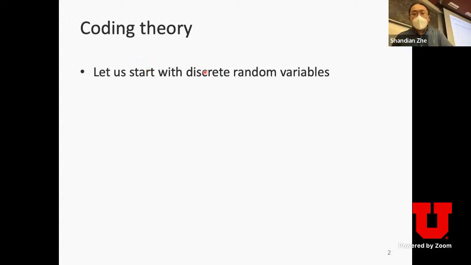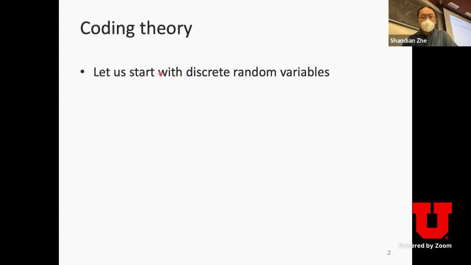Okay, so let us first consider discrete random variables. Suppose you have a discrete random variable that can take the values 1, 2, 3, 4 up to k. But it is not deterministic: we measure it at this time, it might be 3. Next minute, it might be 2. It has some randomness on the outcome.